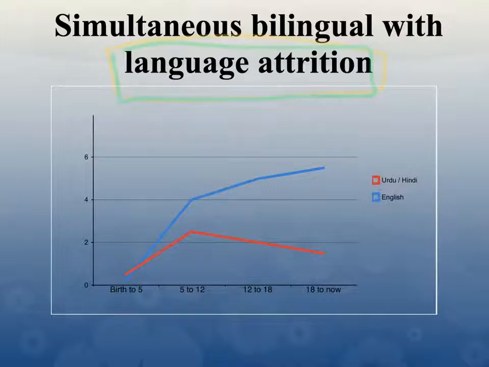So in this example, we see somebody who was a simultaneous bilingual because there was exposure before the age of 5. These languages developed, but at some point, usually around the time of schooling, one language such as Hindi or Urdu starts to decrease or suffer from attrition, whereas English, in this person's case, has continued to develop over time.